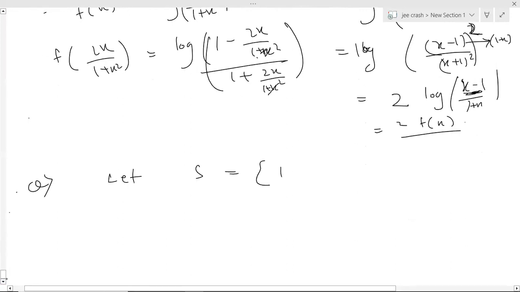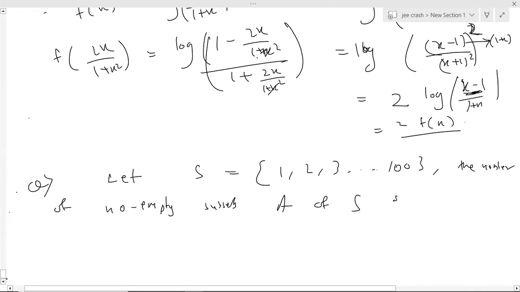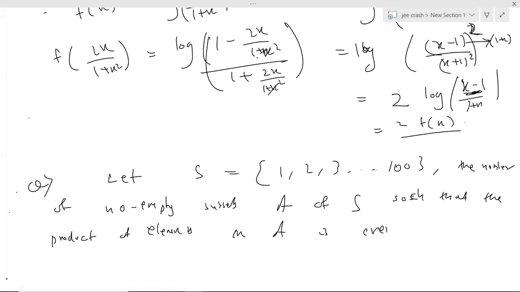Let S equals to 1, 2, 3 till 100. The number of non-empty subsets A of S such that the product of elements in A is even, is dash.